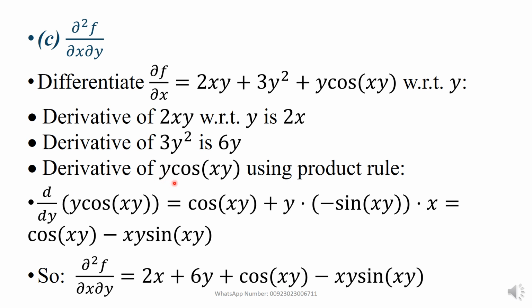For y cos xy we use the product rule: the derivative of y is 1 times cos xy, plus y times minus sin xy times the derivative of xy, which is x. After simplification we get this answer.